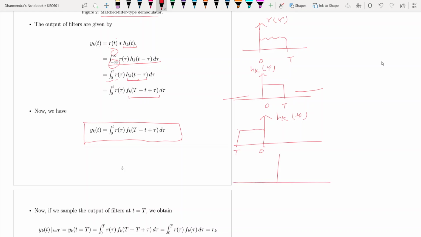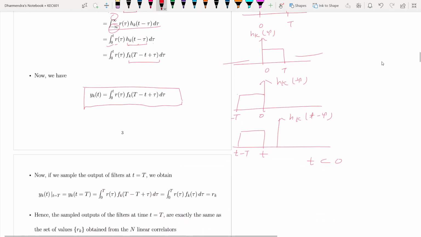If I want to plot h k of t minus tau, it will be this, with minus T, t minus T, t. If t is less than 0, the product of r tau and h k of t minus tau will be 0.